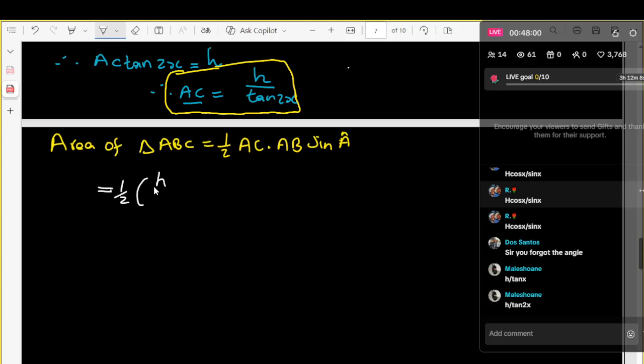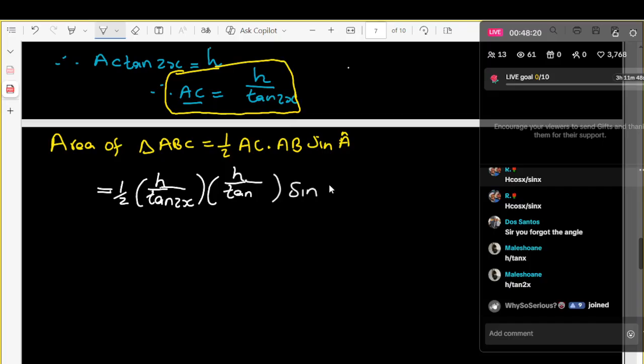Close the bracket. The sine of A, what was A equal to? A is 2x, so the sine of A is sine 2x. Guys, please remember we are trying to prove that the area is h squared cos 2x over 2 tan x. So this tells you that you need to understand how to prove the identity. This is the identity that we have, and this is the identity that we need to prove.